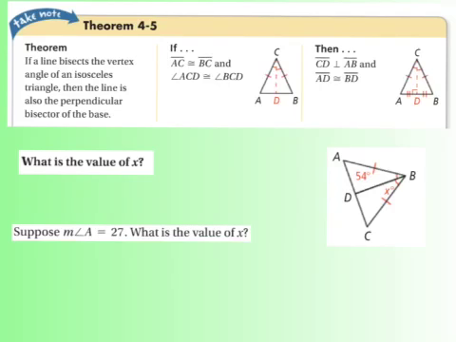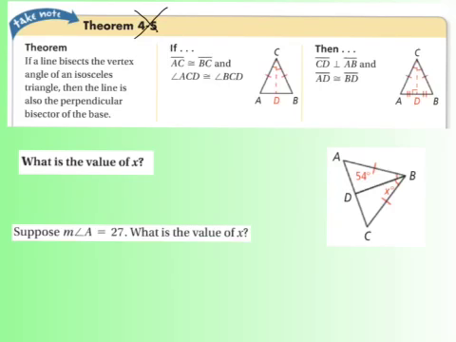But the theorem says that if it bisects this angle, then this line is also the perpendicular bisector of the base. So not only will it bisect the angles up top, it'll bisect the segment below, and it'll intersect at a 90-degree angle. So this is a no-name theorem. Again, don't refer to it as theorem 4.5. That's not a name at all.